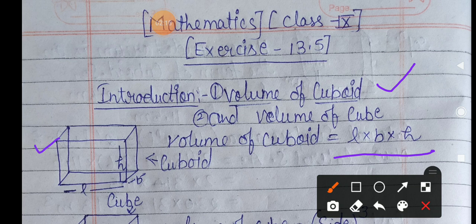In exercise 13.1, I told you about the cuboid shape, and you know the dimensions there. The first dimension is length, the second is breadth, and the third is height. So the formula of the volume of a cuboid is made with the help of length, breadth and height. You have to multiply all these values and you get the volume of a cuboid.